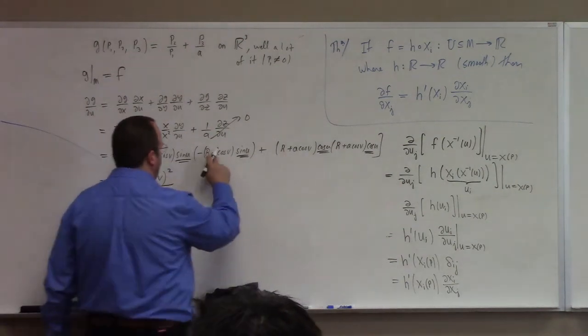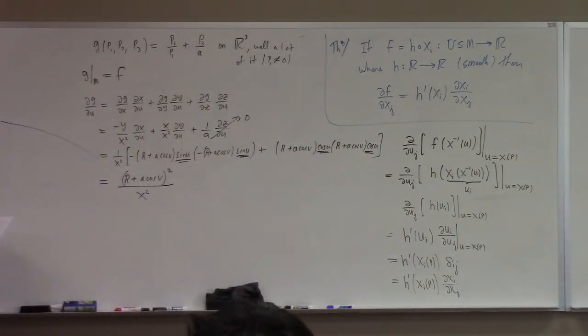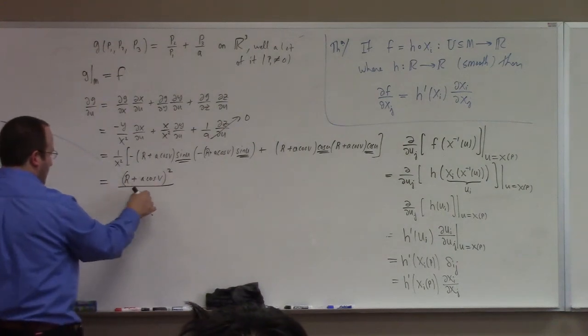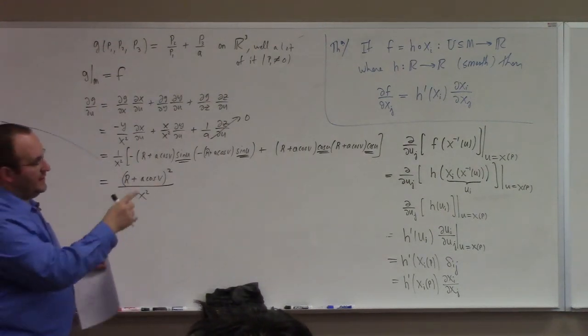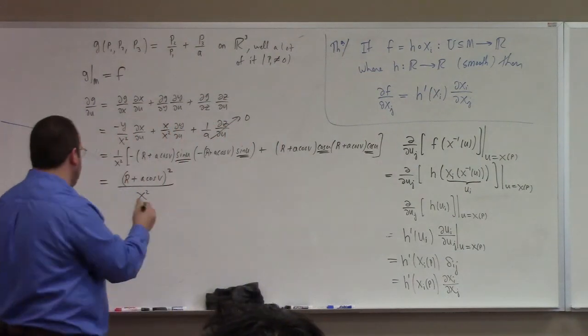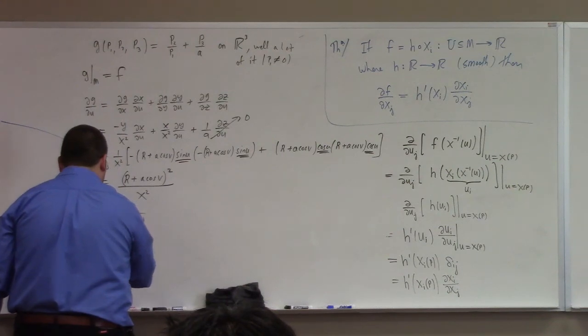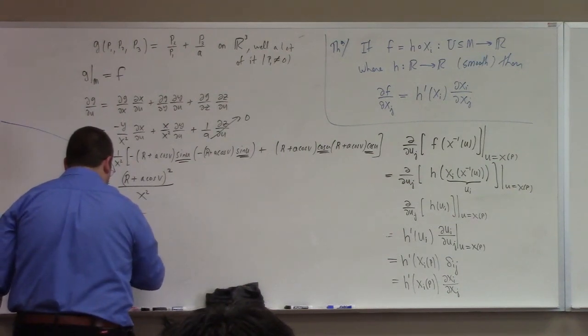Yeah. Good catch. And what is x? X is almost the same thing, right? There's just a cosine u, right? So this is really 1 over cosine squared u, which is secant squared u.